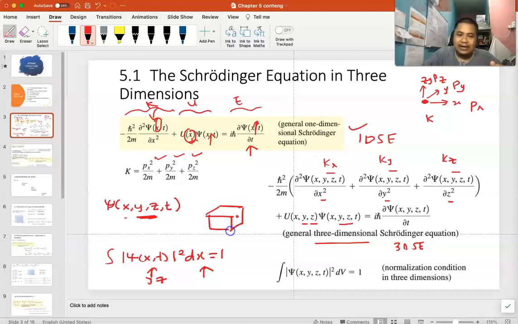We have to consider a volume of a space. So we have V, this is volume. In a small element of volume, we have to consider dV. So that is the change in here and here. That is the normalization condition in 3 dimensions, which you have to extend from our previous chapter in 1 dimension.